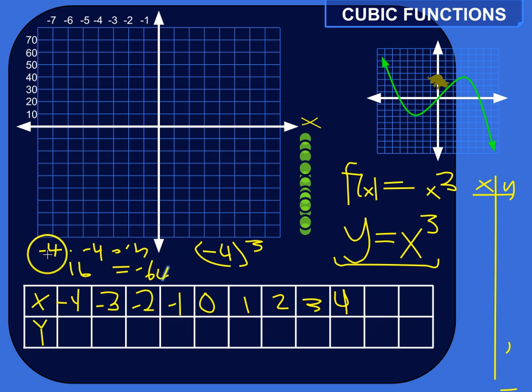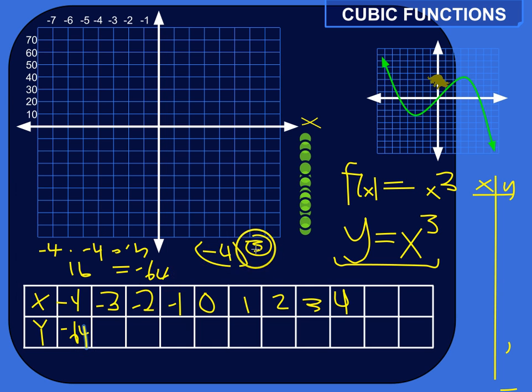In general, you can keep in mind that if you have a negative number and you're raising it to a power that's an odd number, like 1 or 3 or 5, the result will be a negative number. If it's an even number, it'll be positive. So we've got -64 as our output there.